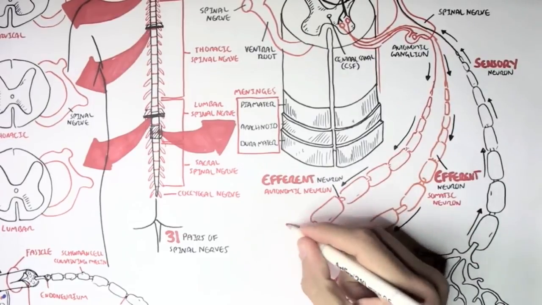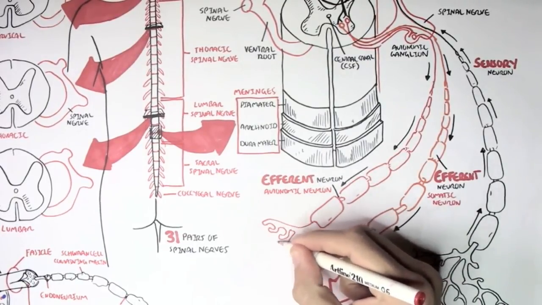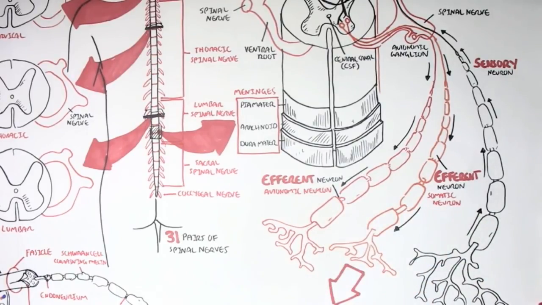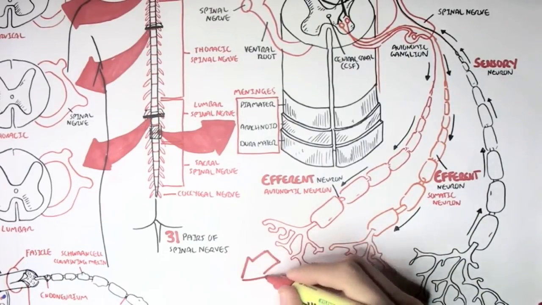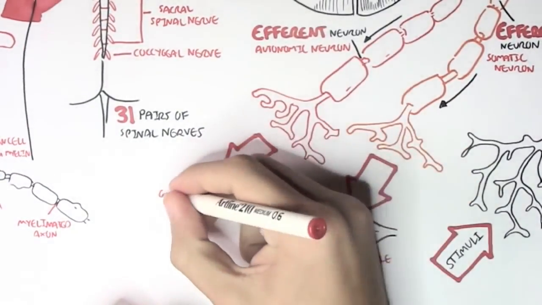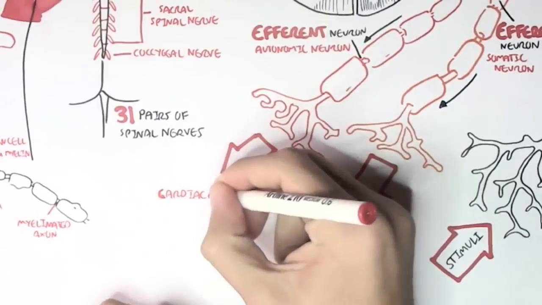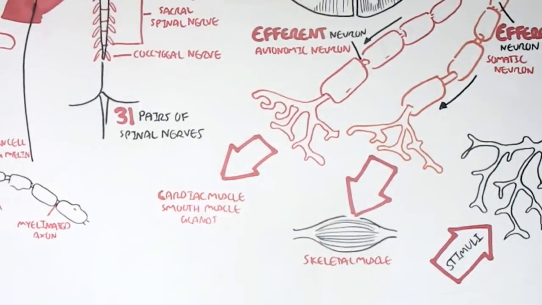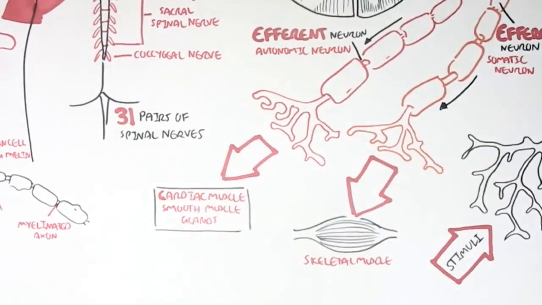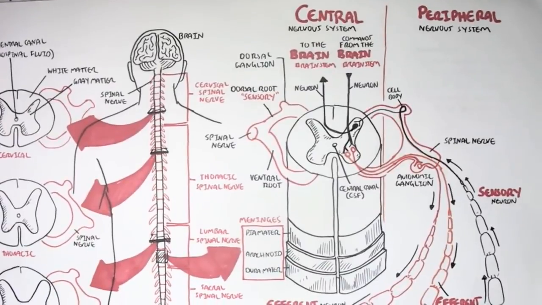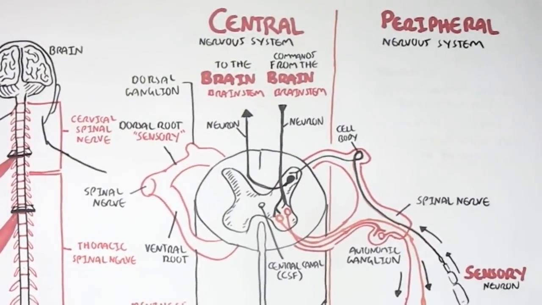It is controlled involuntarily. It will bring commands from the central nervous system to target cells and tissues such as cardiac muscle cells, smooth muscle cells, and certain glands, or all glands, because we have no control over these types of cells.